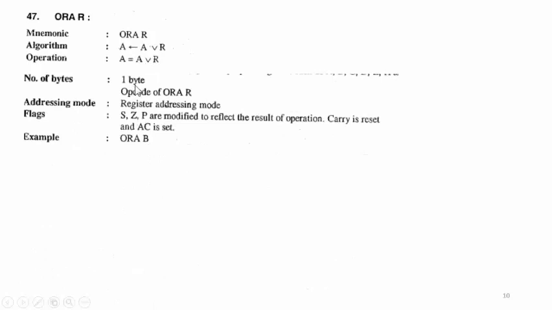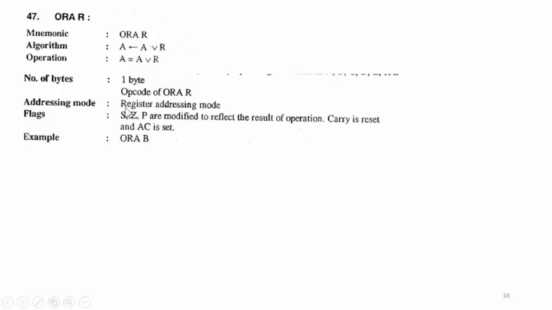Next logical operation, that is ORing operation, and to perform logical ORing operation we are having different ORing instructions from different addressing modes. So here ORA R means accumulator content ORed with specified register, and result you will get in accumulator.